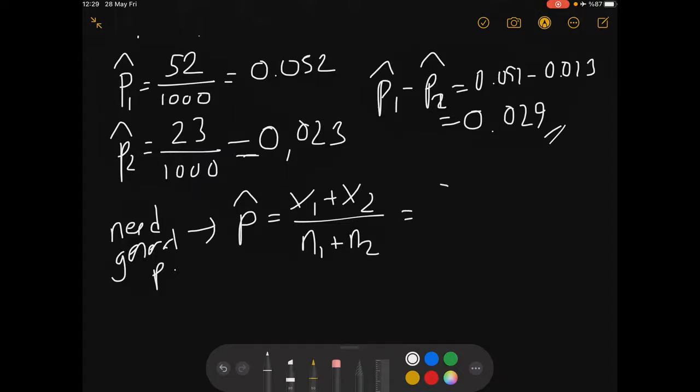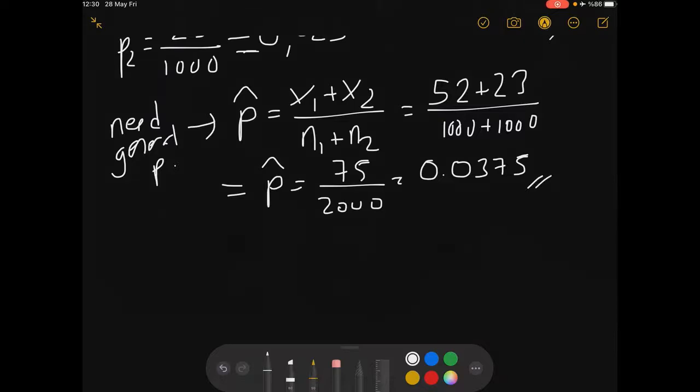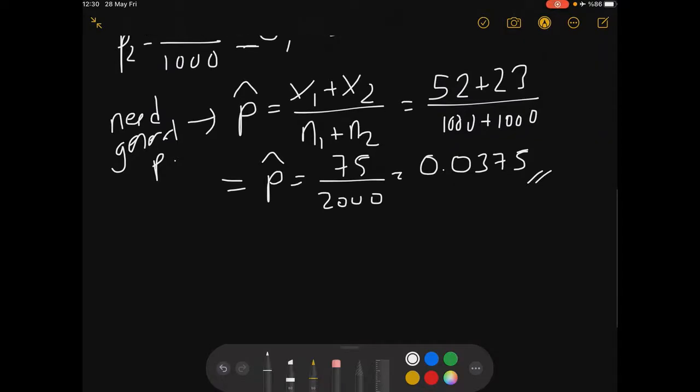See, they're combined here because we will put it in the denominator. 23 plus 52 over 1000 plus 1000, which results in a P of 75 over 2000, which would be 0.0375.